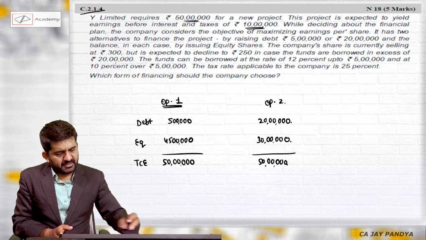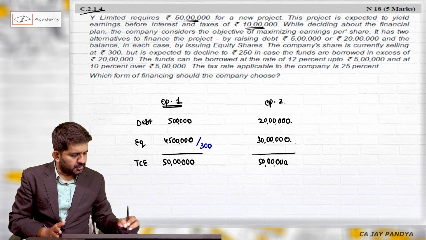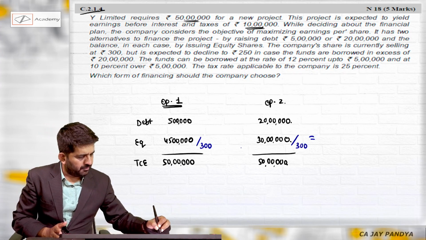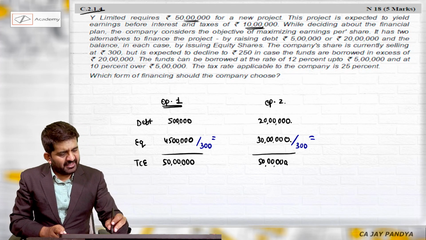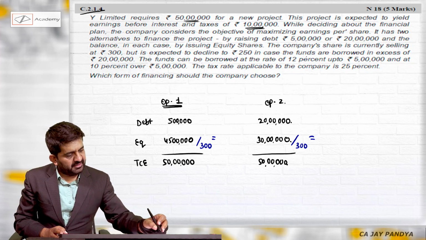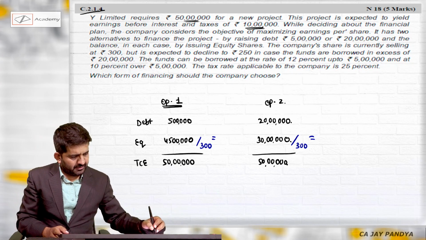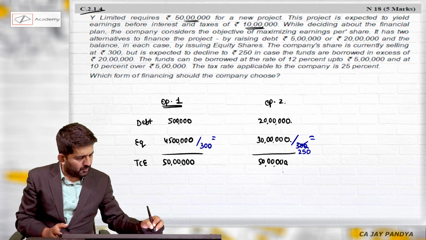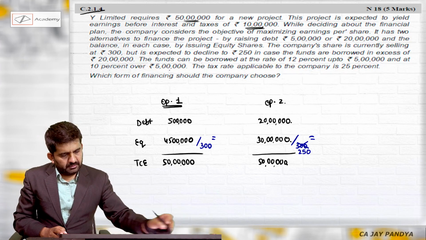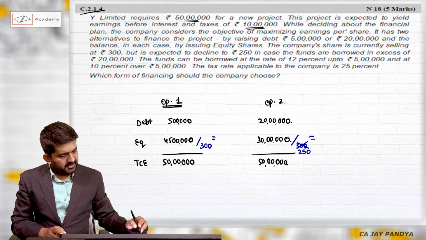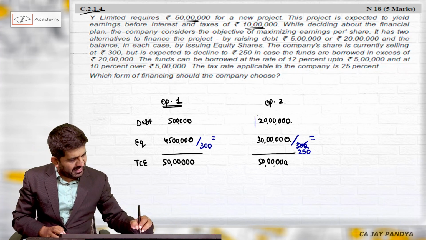The company shares are currently selling at rupees 300. So in this case, this many number of shares, in this case, this many number of shares will be issued. But it is expected to decline to 250 in case the funds are borrowed in excess of 20 lakhs. So here it will not be 300, only 250 per share, because your funds are borrowed in excess of 20 lakhs.